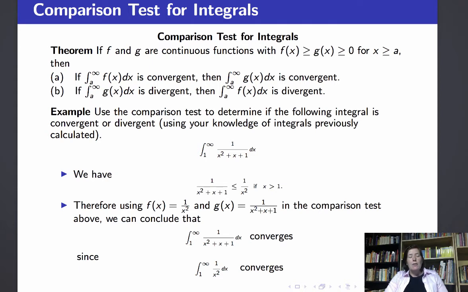And now by this comparison test, the integral from 1 to infinity of 1 over x squared plus x plus 1 is bigger than 0, but it's less than the integral from 1 to infinity of 1 over x squared dx, which is finite, so it must be finite. And we're only interested here in whether it converges or diverges. We don't really care about its value, so we can conclude it converges.